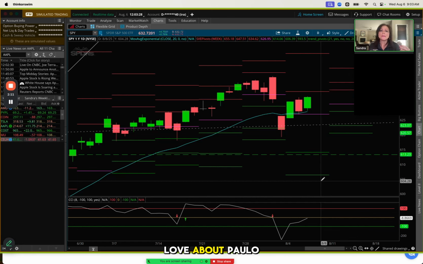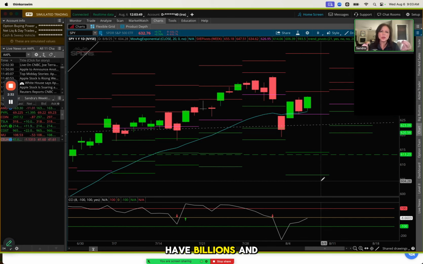And what I love about Paulo is that he uses dark pool levels. Dark pool is basically a definition of this: large institutional companies trade stock and options between themselves. They are, in effect, their own market making system.